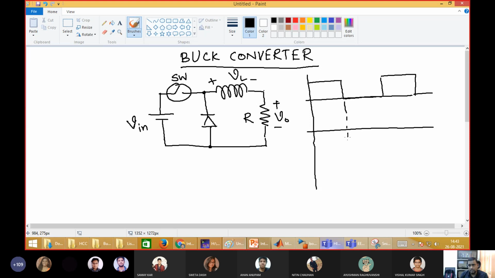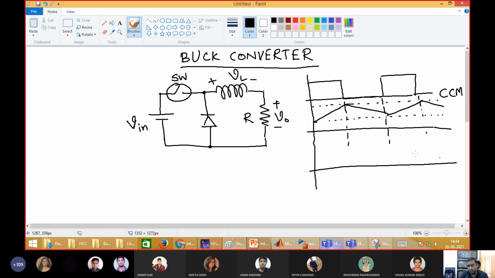Now if you see the inductor current, it is flowing like this. So the inductor current is like this. Here you can see that this is the zero line, and the inductor current is not touching the zero line. This condition is called CCM, continuous conduction mode.